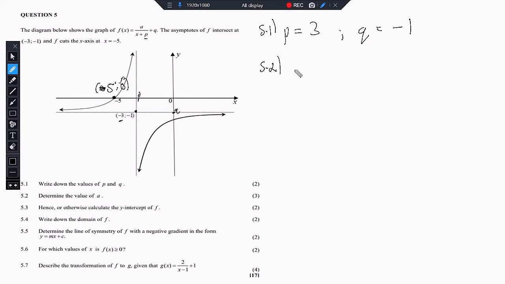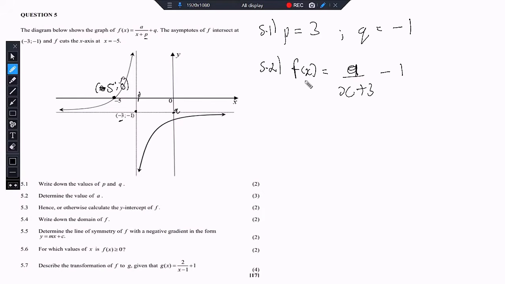So having our equation, f of x equals a over x plus 3, minus 1, remember we already have the values of p and q. Now we can use the coordinates of the x-intercept to calculate the value of a by simply substituting those coordinates.